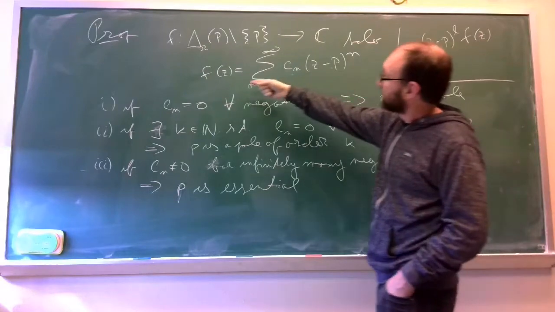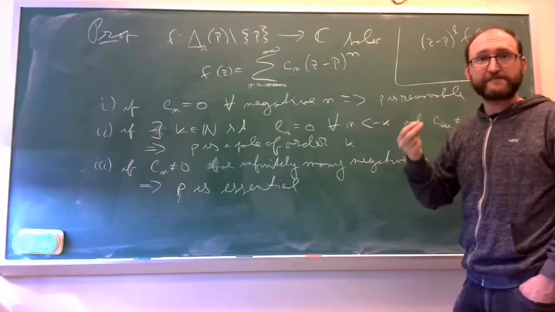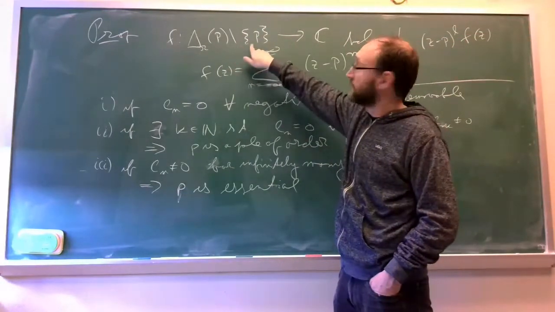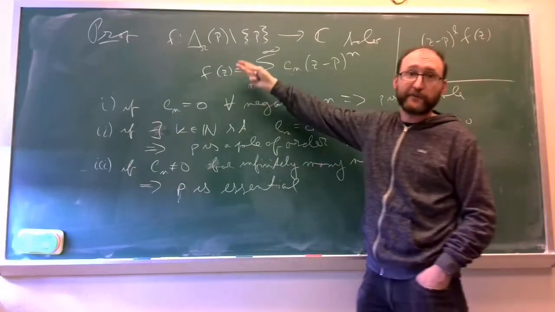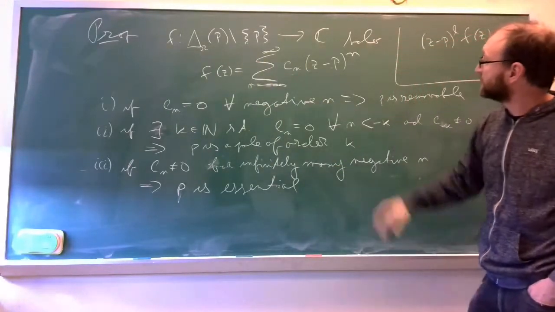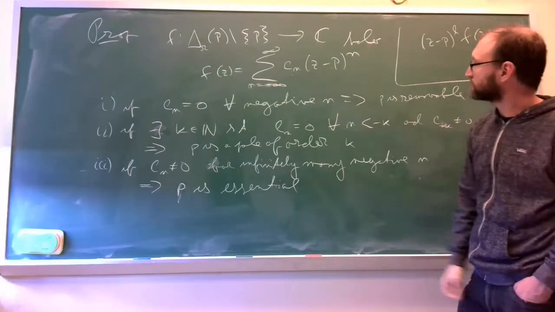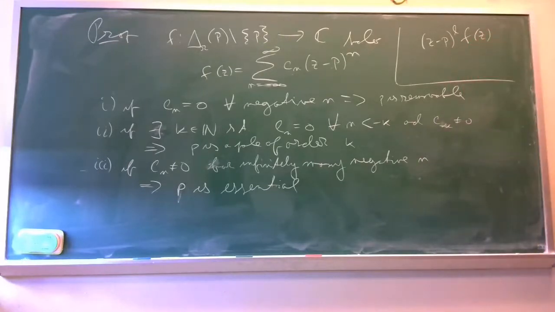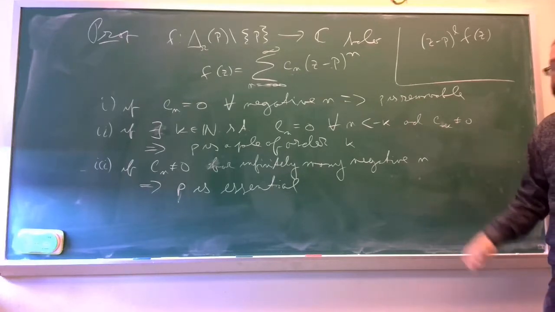And you know that the Laurent series is unique, and if f was actually holomorphic in the whole disk, if it could extend through p, if there was a holomorphic function which agreed with f on the punctured disk, then its power series would just be this series, right? That's the key thing. It's the uniqueness of the Laurent series, and if there is a power series, then that's the Laurent series, right?